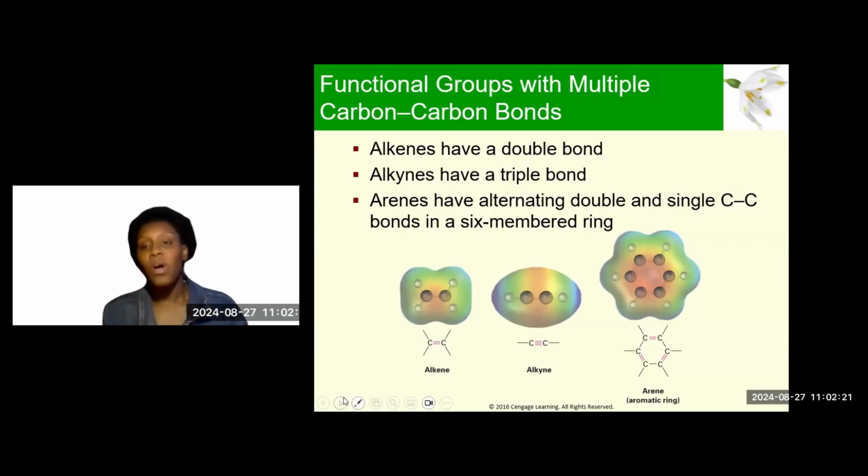Another thing I'll tell you guys: for example, if I'm working with a pharmaceutical company, looking for a drug that's going to do something, what I would do is look at those functional groups, okay? If I'm trying to inhibit a certain enzyme, I'm going to look at what functional groups are going to interact with that and how I can change those functional groups to figure out what happens.